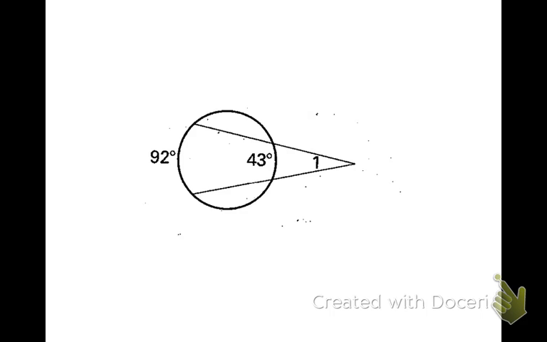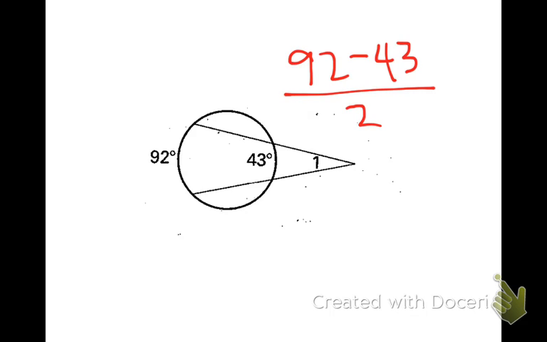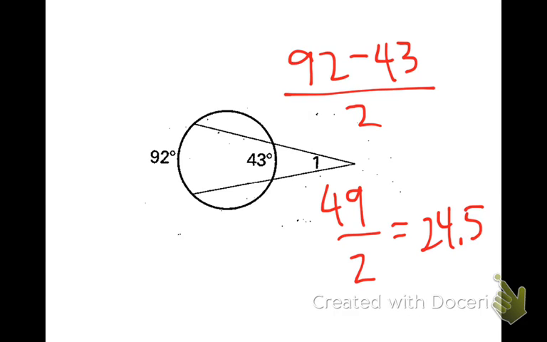We have 92 minus 43 divided by 2 is going to be what I have to do. So that would be 49, right? 49 divided by 2, which is equal to 24.5 degrees.